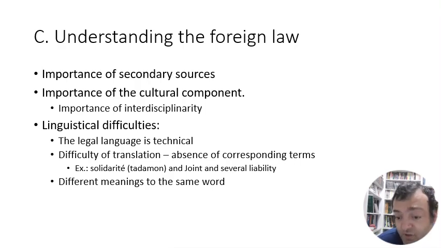This is an influence of the cultural approach. We have to know the culture of the country we are comparing, and therefore the importance of interdisciplinarity. We must also bear in mind the legal differences, the linguistic difficulties, because legal language is technical. And there are lots of words that may seem to have the same meaning, but they don't.